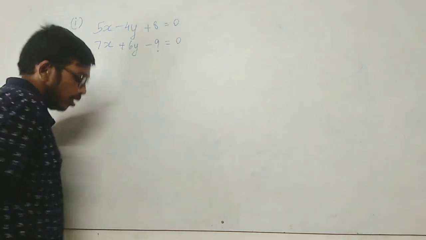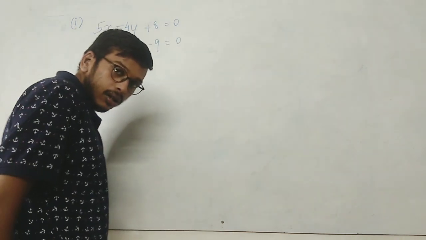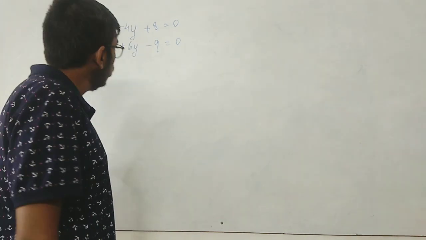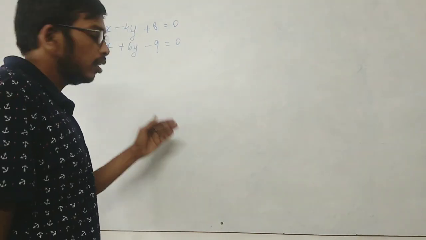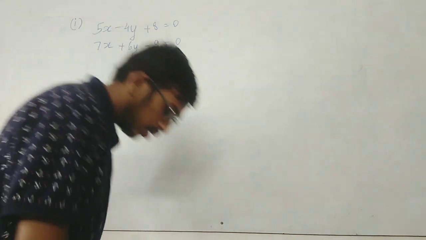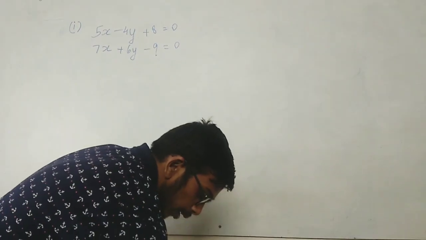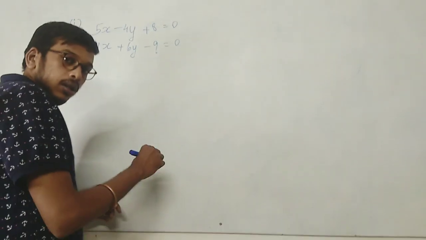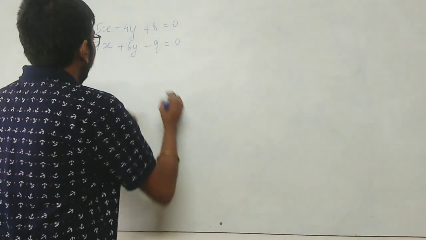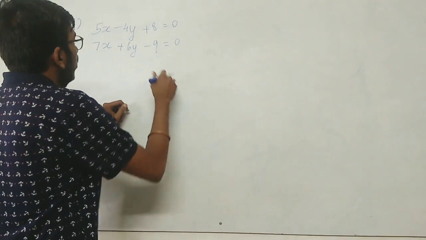Okay. How do we find whether this pair of linear equations is consistent, inconsistent, or dependent? For that, we need to do one thing. Sorry for the shake, guys. I'll rectify that in my next video.